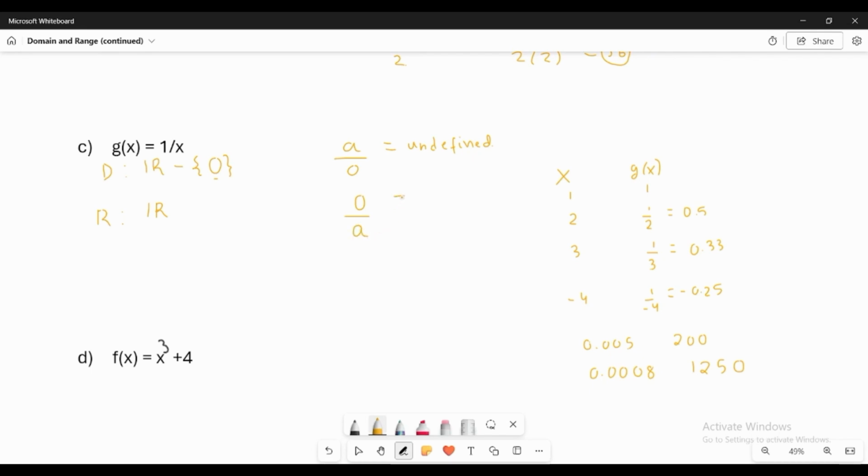That means 0 should be in the numerator. But that is not possible here. Why? Because here the numerator is already fixed. It's 1. So it doesn't matter whatever x is going to be, you will never have 0 as the answer. That's why here your range is also going to be the set of all the real numbers except 0.